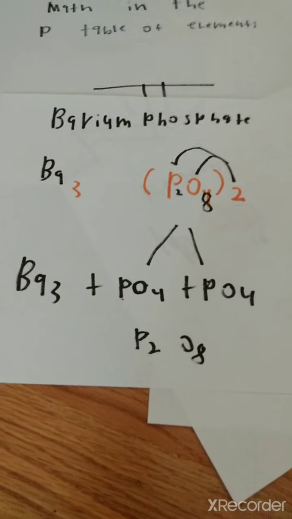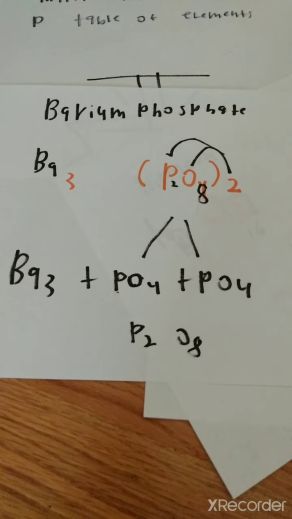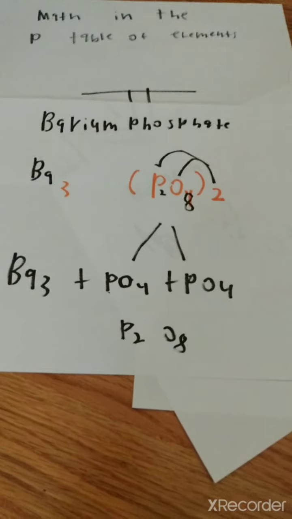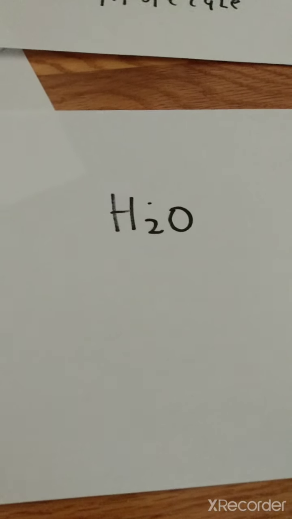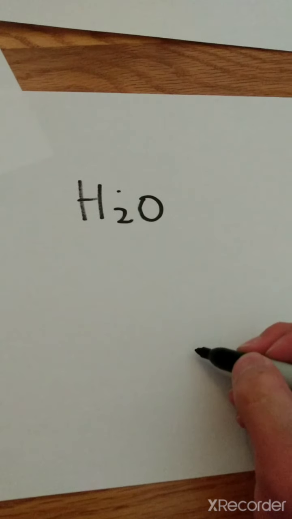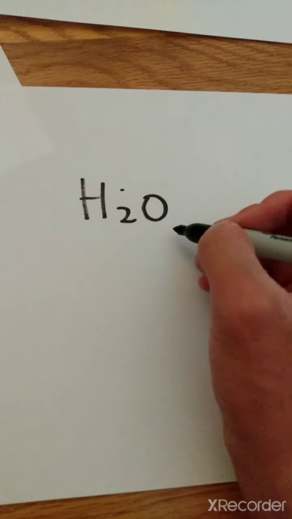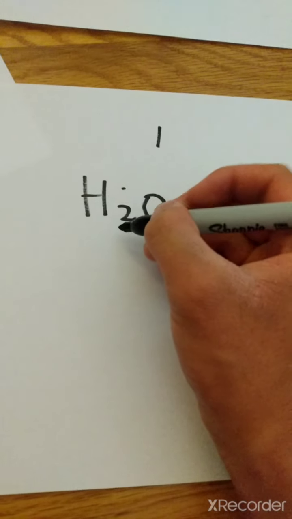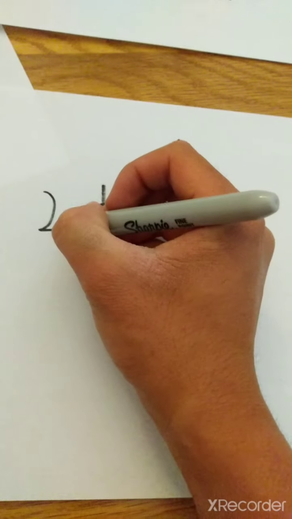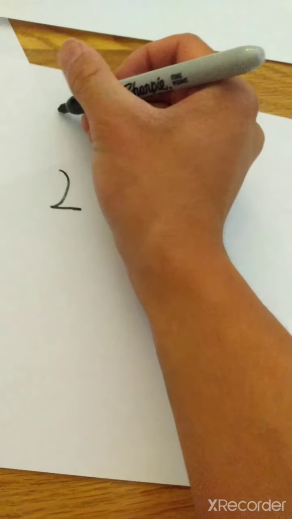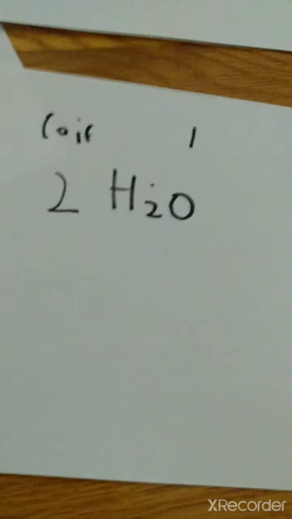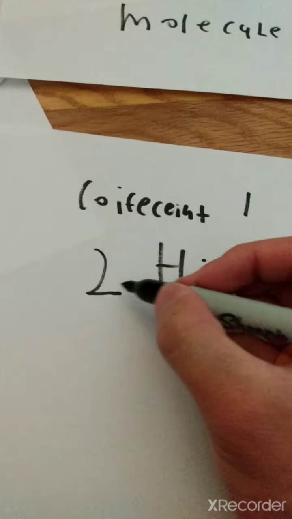Here's an example for when there is more than one molecule that you're working with. If we go back to H2O for a better understanding, if scientists want to use more than one molecule, because this whole formula represents one molecule, then they add a number 2, which is called a coefficient.